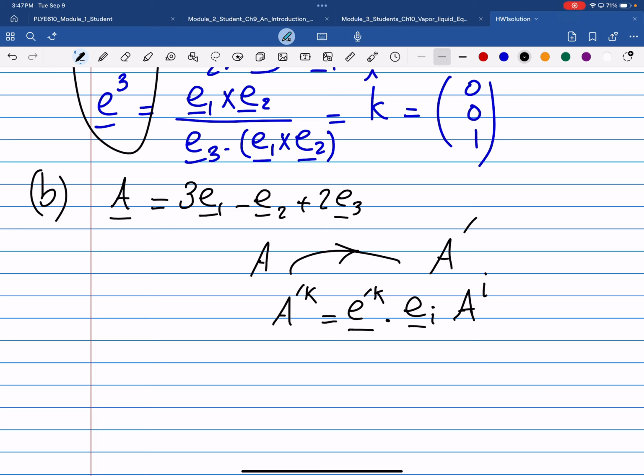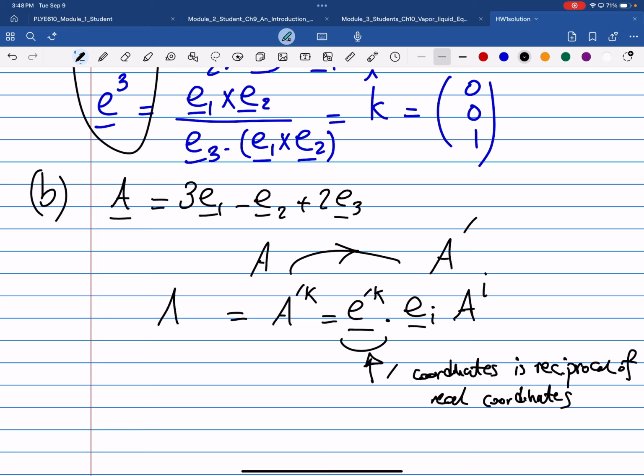So given that the primed coordinates are the reciprocal of the real coordinates, this A prime of K that we are writing here is actually this component.